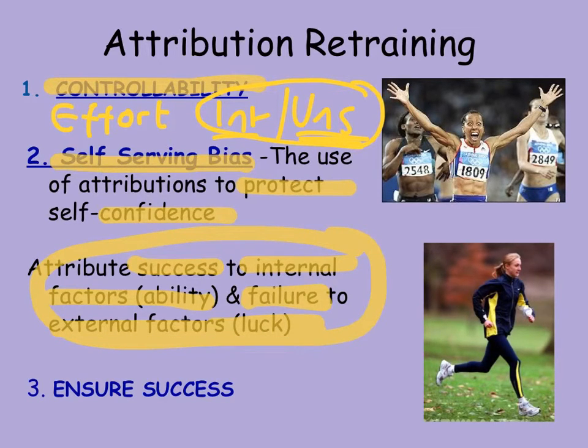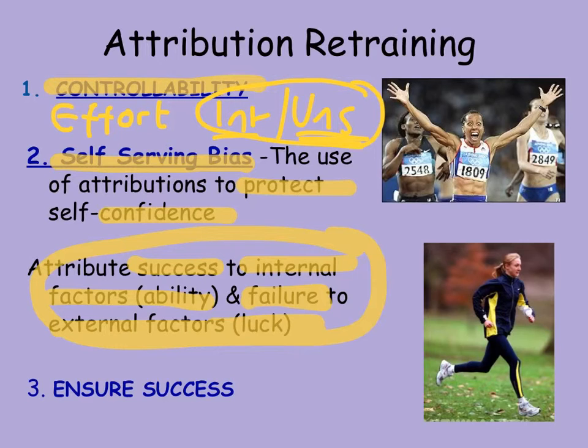So both of these methods protect our confidence. They either keep it high or they slightly improve it. So this can be good in the short term. It shouldn't be used too much in the long term. We certainly shouldn't use it every single week because players would latch onto this and they would know that we're just making excuses.